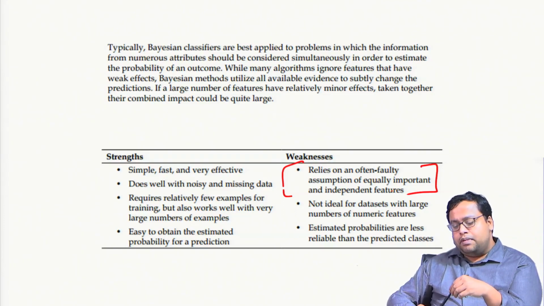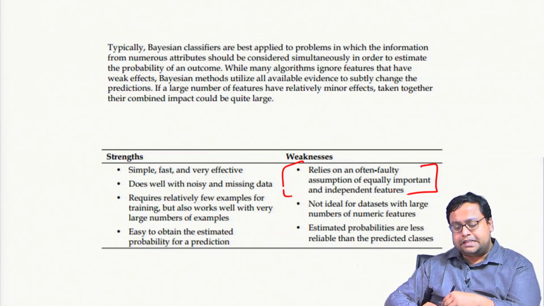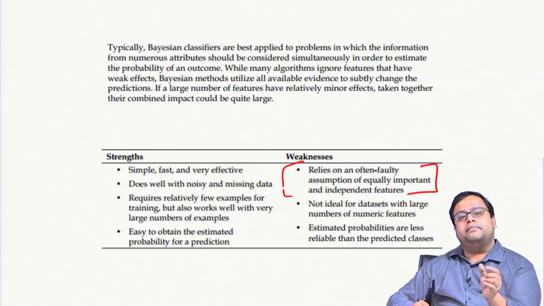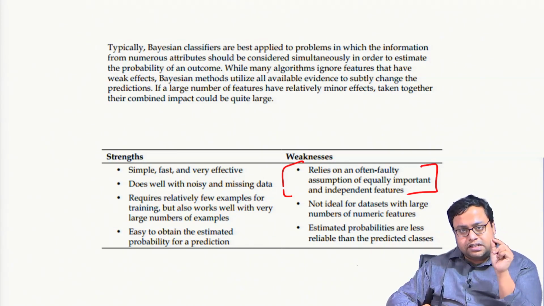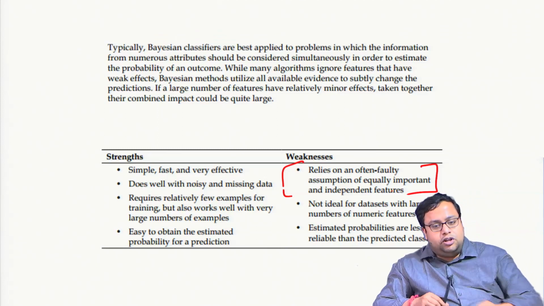That is why in text mining it is used more than other classification problems. And estimated probabilities are less reliable than the predicted class. So, it is better to predict whether it is a spam or ham using this, not what is the probability, because remember this is not good with numeric data.